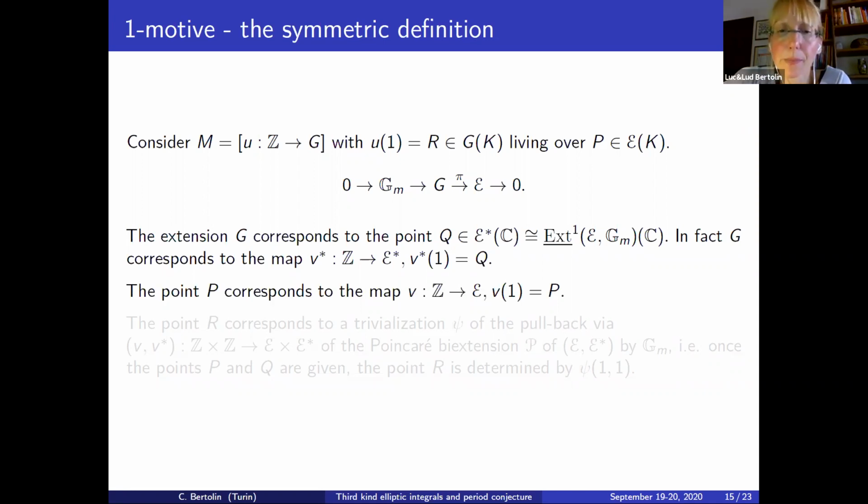To have the point P is the same thing as to have an arrow V from Z to E, so that V of 1 is P.